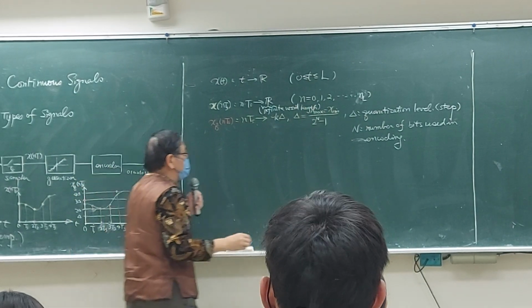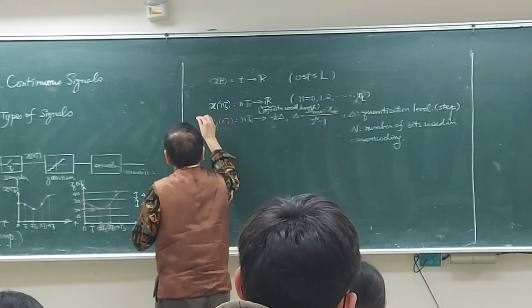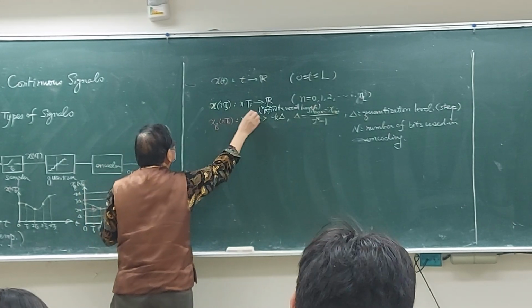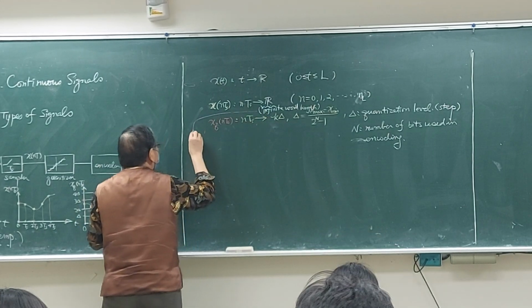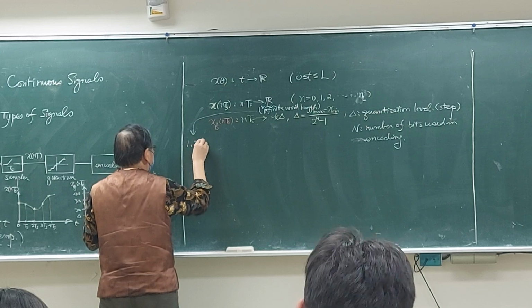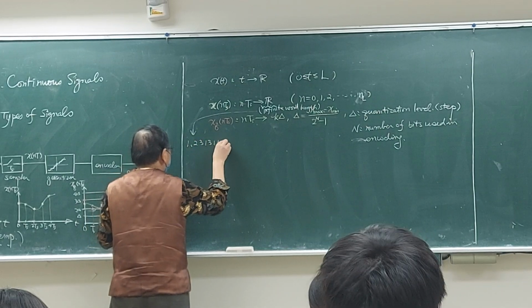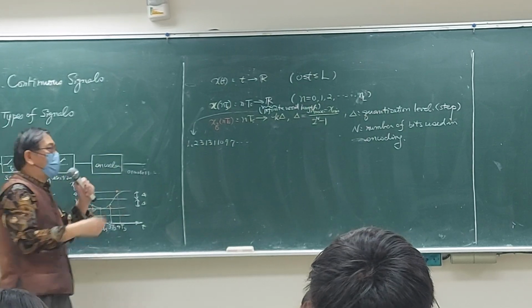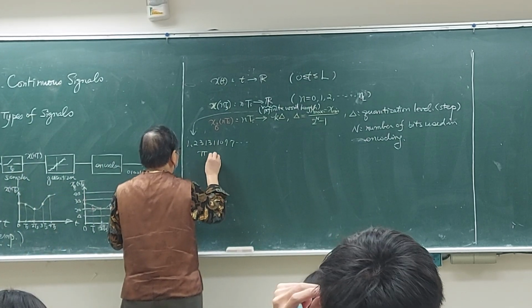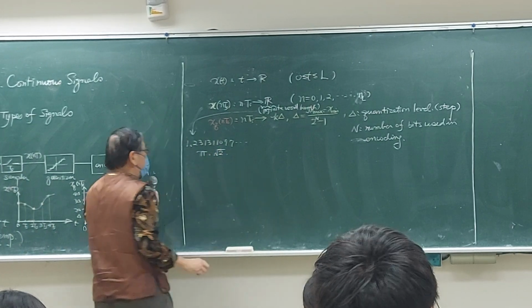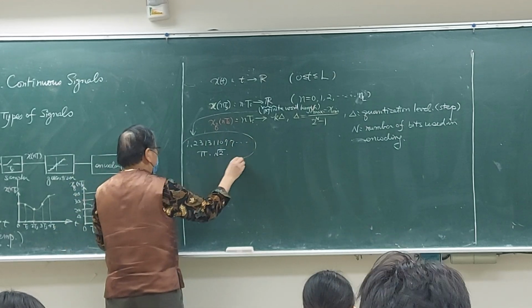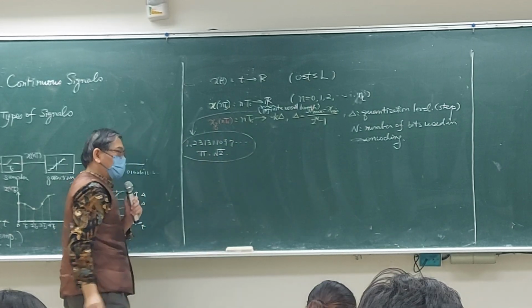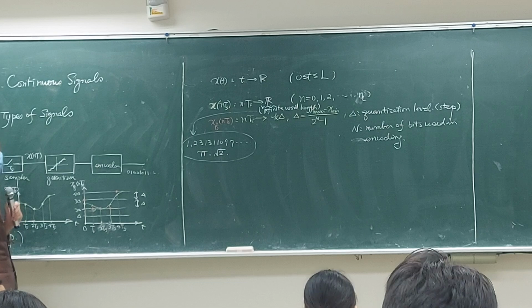Can be negative, for example, like 1.231311109, something like this. Okay? Also can be pi, can be the square root of 2, and so on. So you can store any number you want.